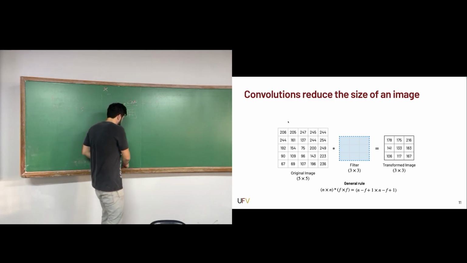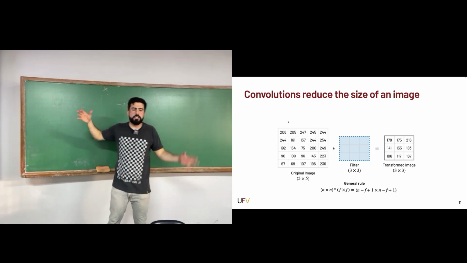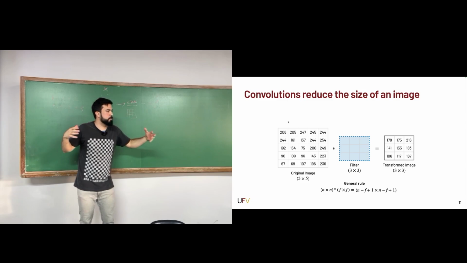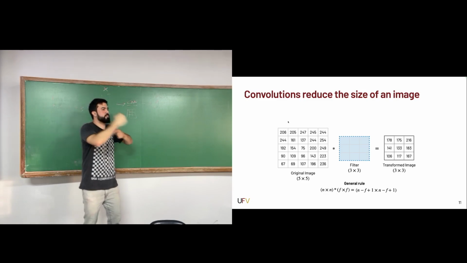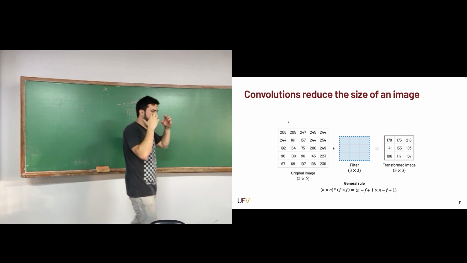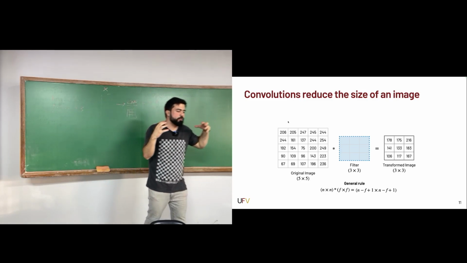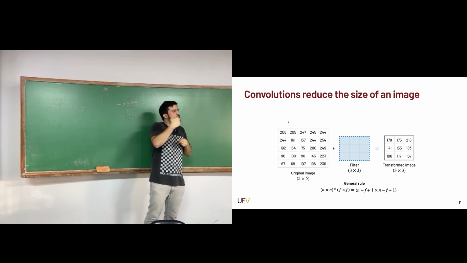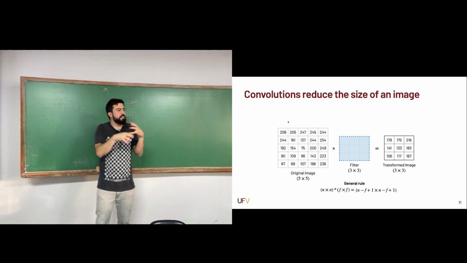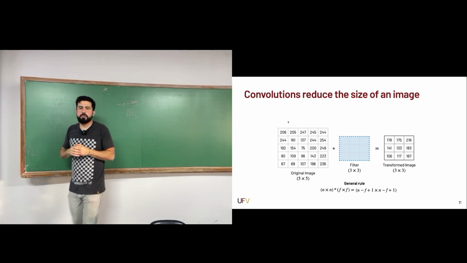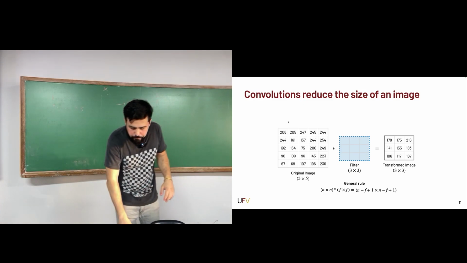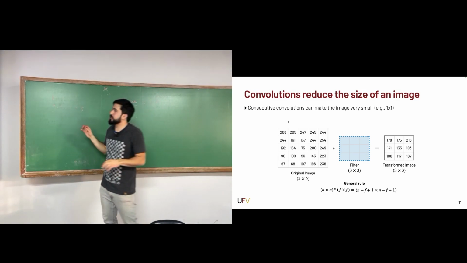This is good because when you're dealing with convolutional neural networks, as you will see, we're going to have many layers of convolutions and many of these transformations going on. So it's very useful to know how the transformations are going to decrease your image. Sometimes that gives you information to change your layers.